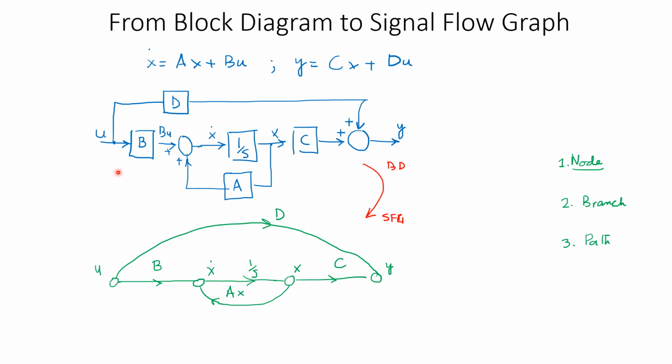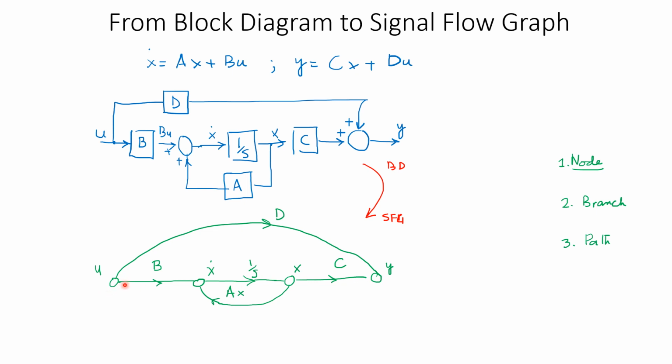Out of these nodes, U is the input node from where all the branches are emanating, and there is an output node at which all the branches are getting in, and there is no branch coming out of that as well.